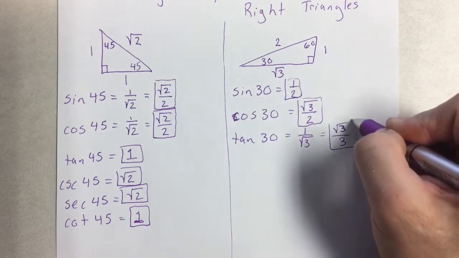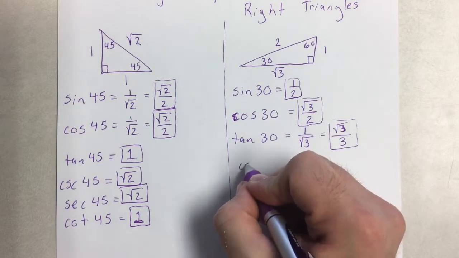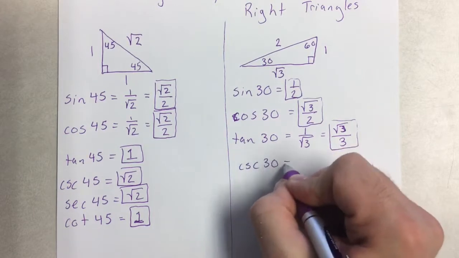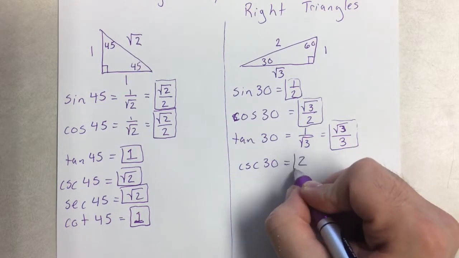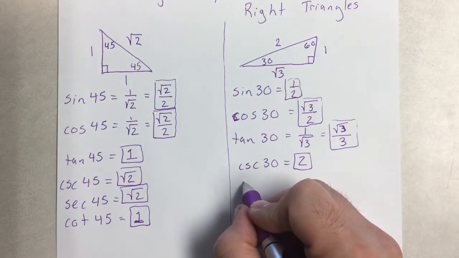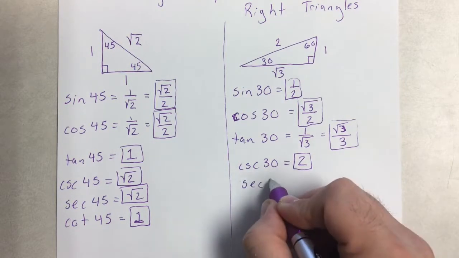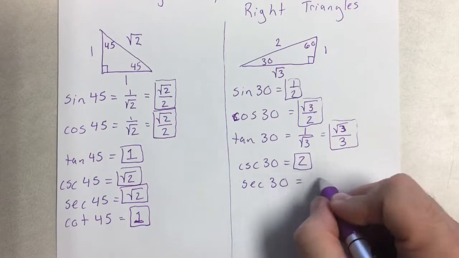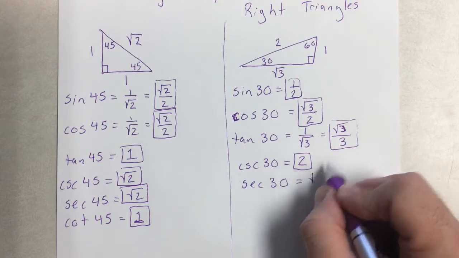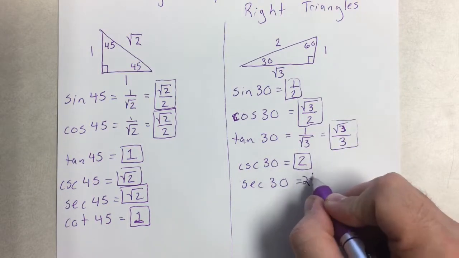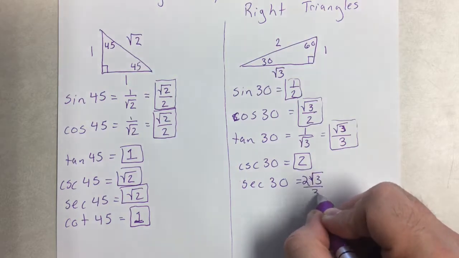And from this, we can write the reciprocals. Cosecant of 30, 2 over 1. The secant of 30, 2 over the square root of 3. And if you rationalize it, it becomes 2 square root of 3 over 3.